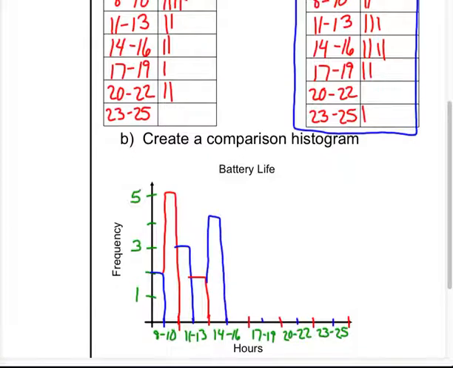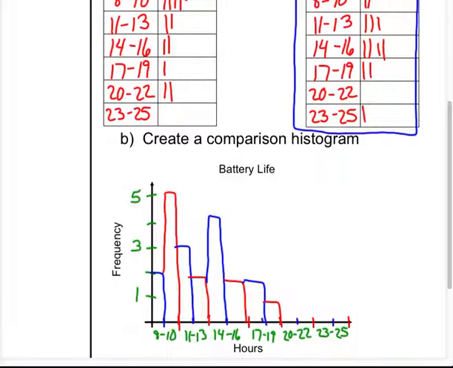And my red brand, 14 to 16, had a frequency of 2. And that bar did get a little bit fatter than the other ones. My blue brand, 17 to 19, had a frequency of 2. And 17 to 19 for my red brand had a frequency of 1.